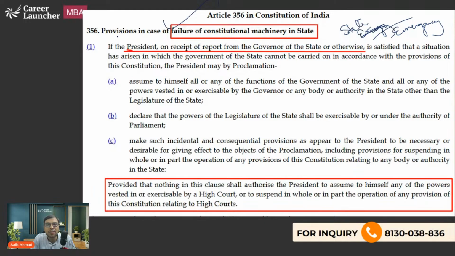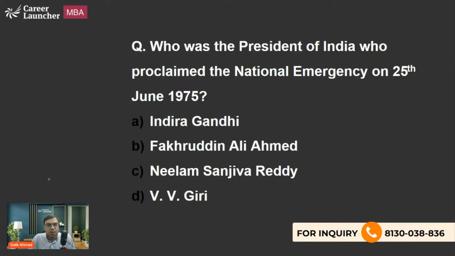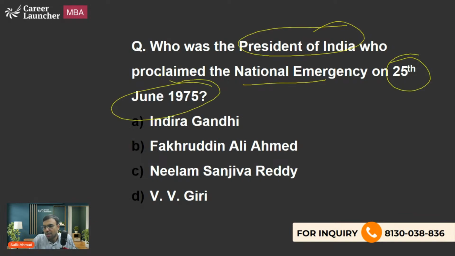Financial emergency is Article 360. I'm just giving you a rough idea. Currently we are talking about national emergency, which is the topic of this class. Now the question is, although I have answered it already, who was the president of India who proclaimed national emergency on 25th June 1975? I will be very happy if you answer it.